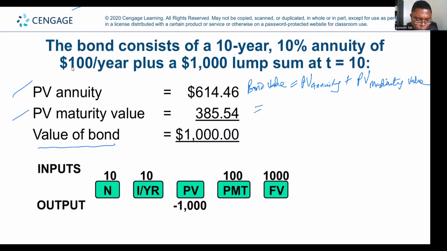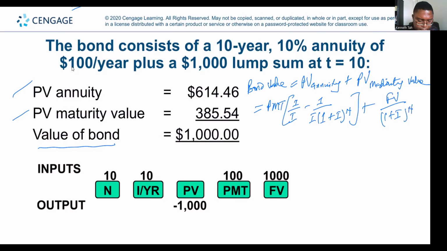So if we go to our knowledge of time value of money, the present value of an annuity is payment times 1 divided by I for interest rate, minus 1 divided by I times (1 plus I) raised to the power n. That is it, plus the present value of that lump sum. Present value is the future value divided by (1 plus I) raised to the power n.